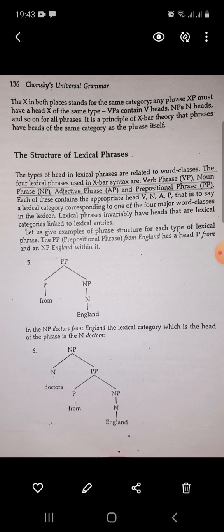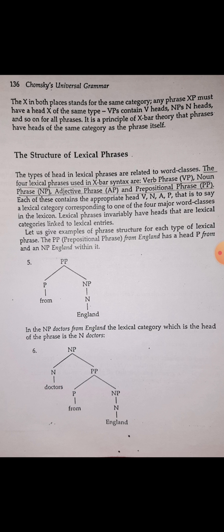In the noun phrase doctors from England, if we add up doctors from England, then it becomes a noun phrase, obviously, because doctors is a noun which is the head word, and the rest of the constituents is the prepositional phrase from England. And in the prepositional phrase, further we got the preposition from, and then a noun phrase, and in that noun phrase we got just a noun, that is England.